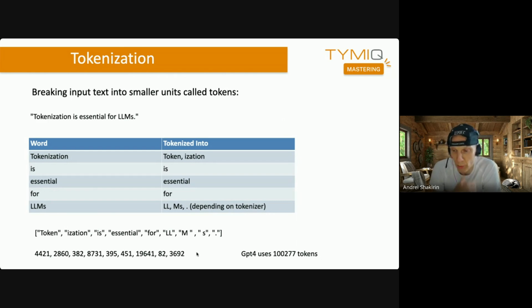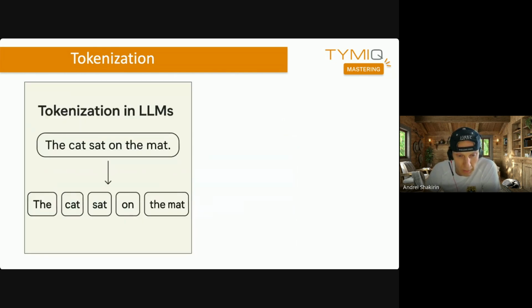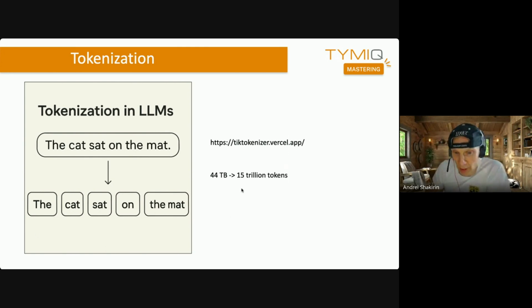Interestingly, for the whole text, we have our 44 terabytes of text, and if we work with tokenization, we end up with about 15 trillion tokens, and this is the data that we are working with.